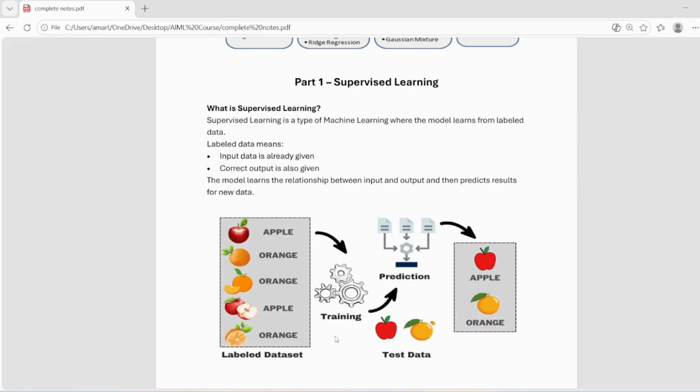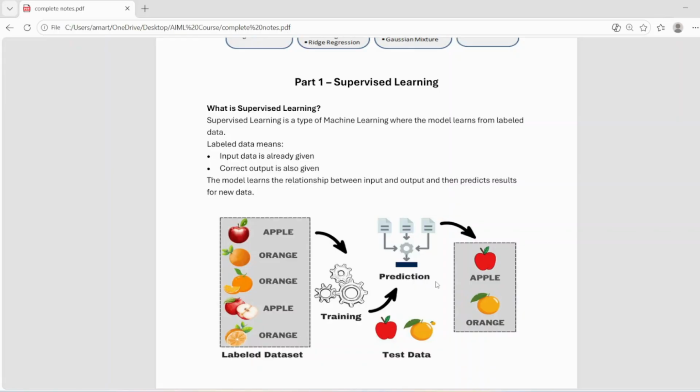Once my model is built, then remember, I split the data into two parts, training data and testing data. Now, I will test my model through my testing data. On the basis of the testing data, my model will give predictions, such as this is apple, this is apple, this is orange. This is how supervised learning works.